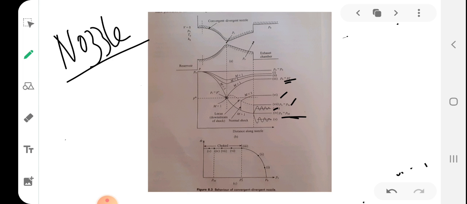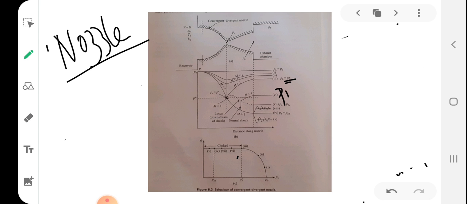For example, in the curve 6, you can see that it produces a flow that is supersonic from the throat. Sixth curve is like that.